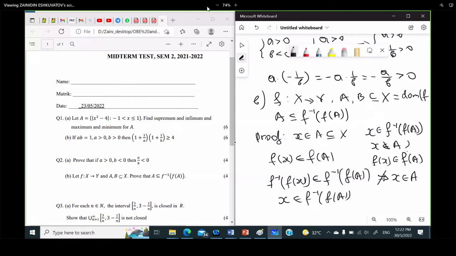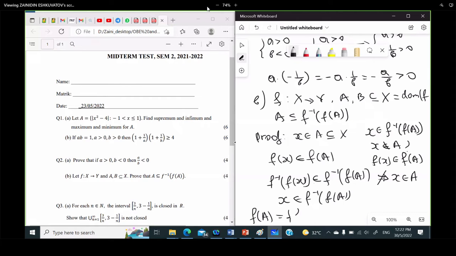x might be in A, may not be in A, because here, what is the definition of f of A?